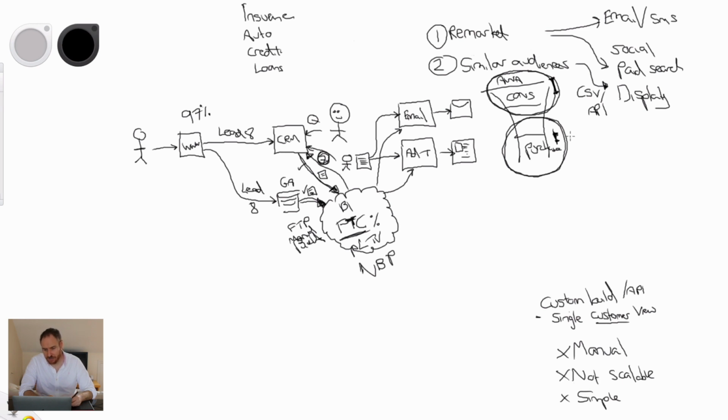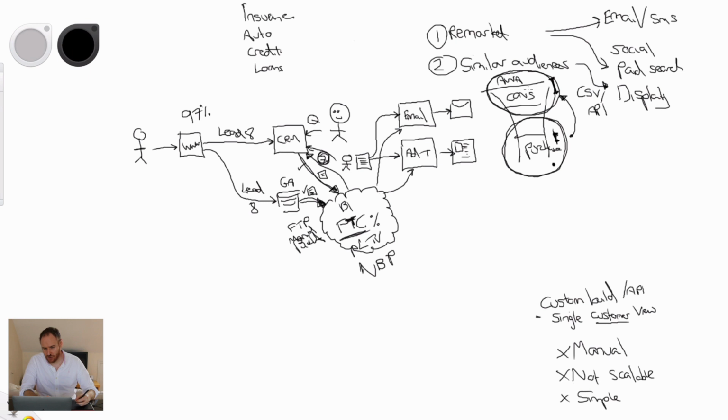You can take information from down here and use it in similar audiences to attract people at the top of the funnel. Yes. But if you're not collecting enough information down here about what these people did on the site in your single customer view, then you can't create effective models to create similar audiences.